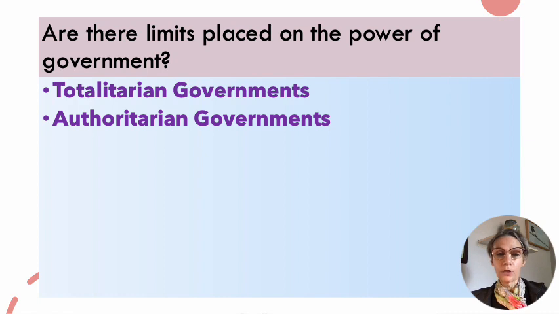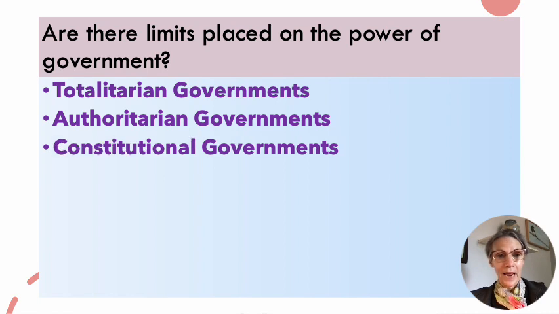And so totalitarian governments are the type of governments that have almost unlimited power. Authoritarian governments have unlimited power, but they don't always use their unlimited power. And constitutional governments are the type of governments that have pretty strict limits on their powers. So let's dig into each of these in more detail.